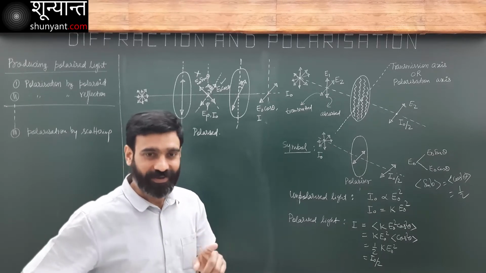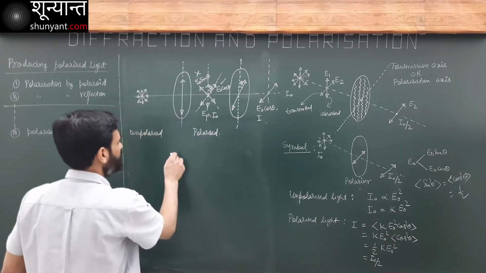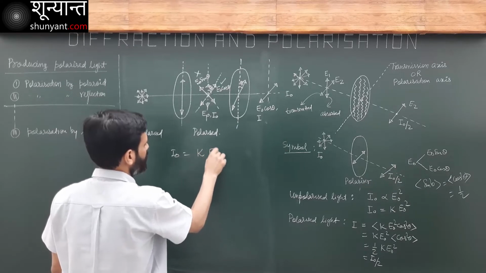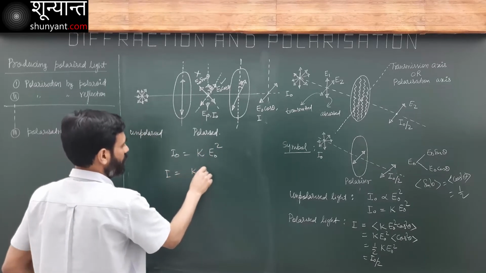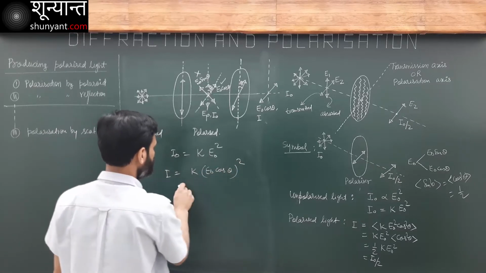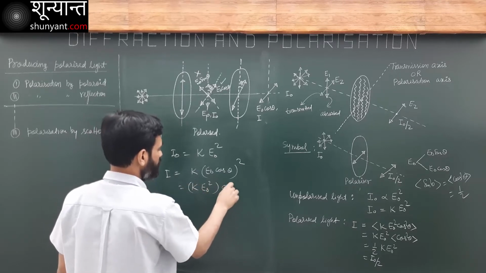So we are changing the plane of polarized light. That is the first effect, a very important effect. And then the intensity is also going to reduce. What is the intensity? I naught is equal to K times E naught square. I is equal to K times E naught cos theta, squared. This becomes K E square cos square theta.